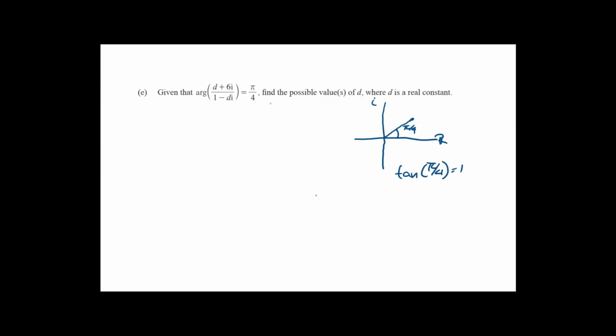It's really, really great because tan of pi over 4 is 1. And we know that tan of the argument is the imaginary coefficient over the real coefficient. If that equals 1, the only way that can be true is if the imaginary coefficient equals the real coefficient, the imaginary part and the real part.